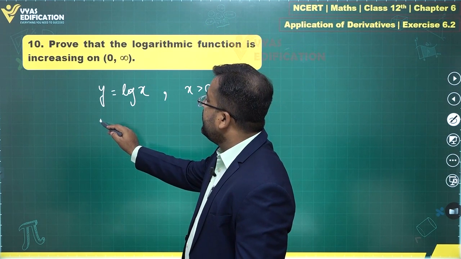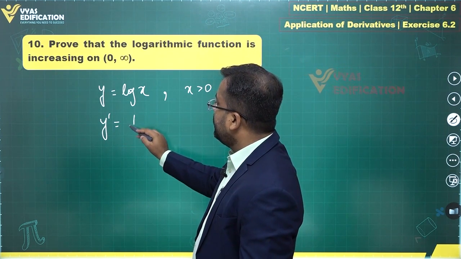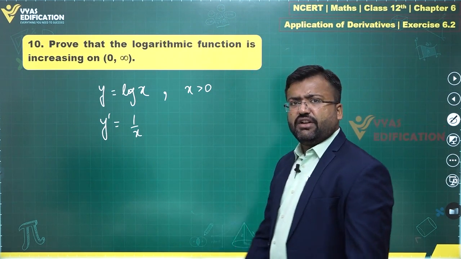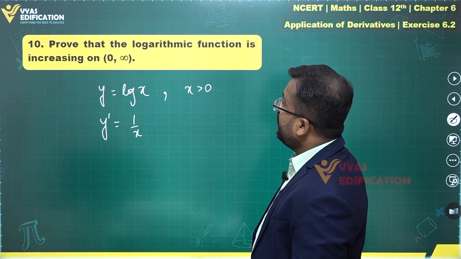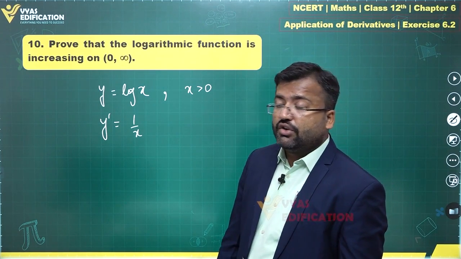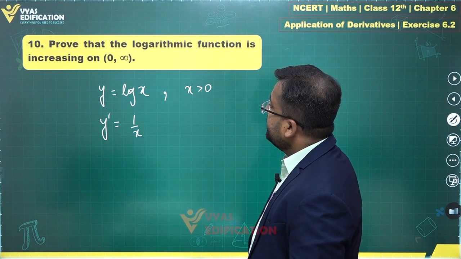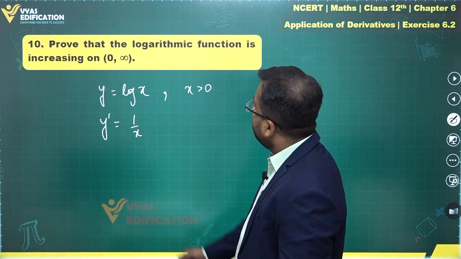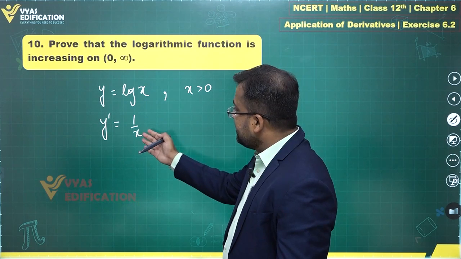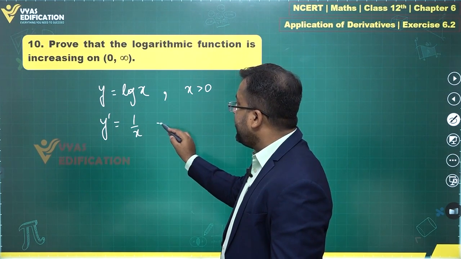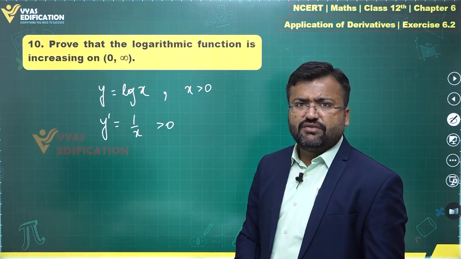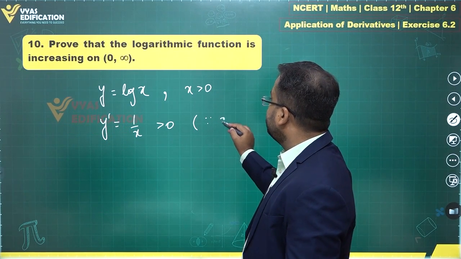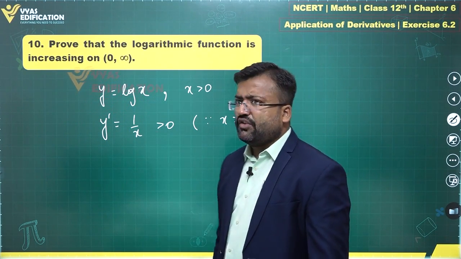Anyhow, we can find the derivative. Derivative is 1 upon x. That's the derivative, right? If you are aware of the derivative, then what can you comment about this further is that the logarithmic function is increasing, since x is greater than 0, therefore 1 by x will be greater than 0. Since x is greater than 0, therefore 1 by x will also be positive.